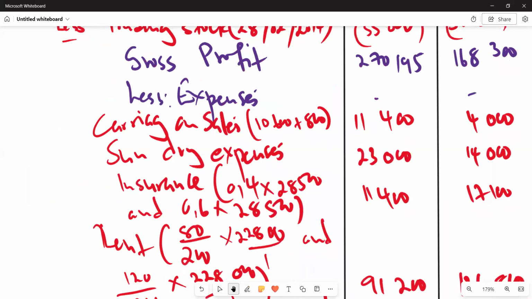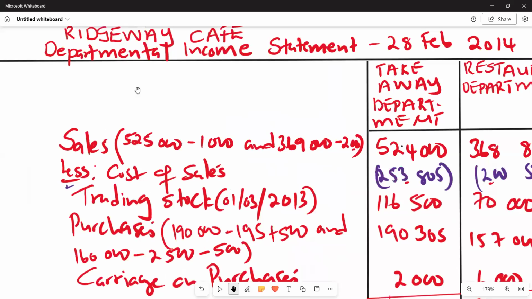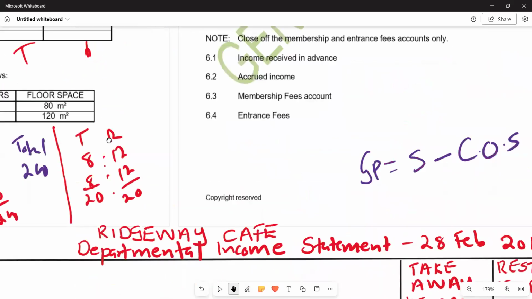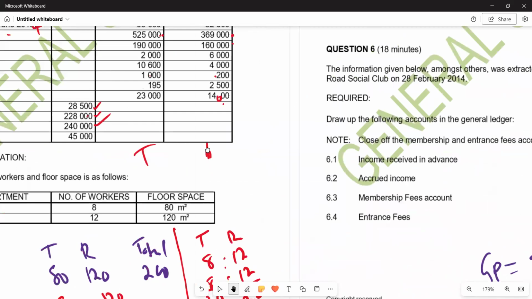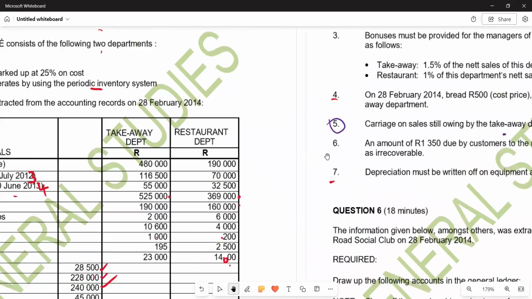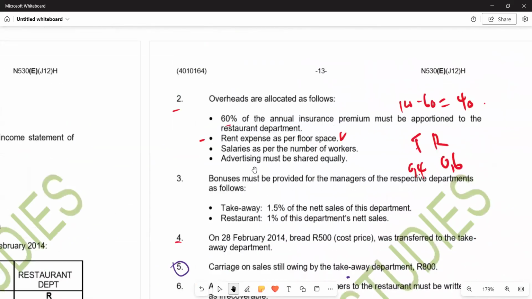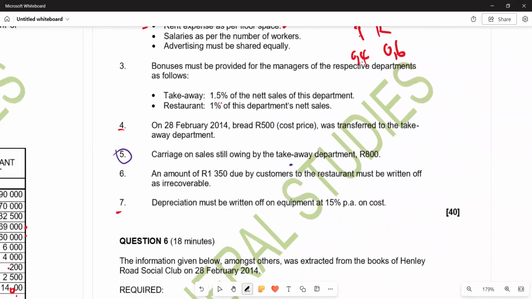After advertising, the ones that we are now searching for are not in the list of balances because we've exhausted everything that is in the list of balances. We check here, advertising is the last item. So you go to the additional information to check other expenses that are not stated in the list of balances. If you come to additional information number 6, an amount of 1,350 rands due by customers to the restaurant must be written off as irrecoverable.